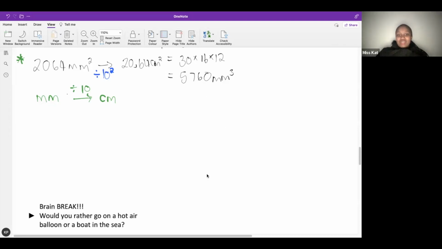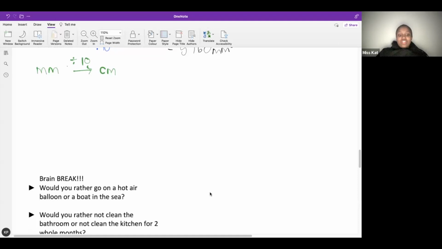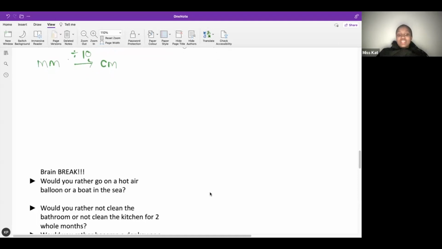Sia, are you ready? Yes, love, I'm ready. Okay, Sia, would you rather not clean the bathroom or not clean the kitchen for 2 whole months? I'd go for bathroom. You wouldn't clean the bathroom, but you want to clean the kitchen. Yeah, if I don't clean the kitchen, there's a chance that it might attract cockroaches, and then they might get all the food.